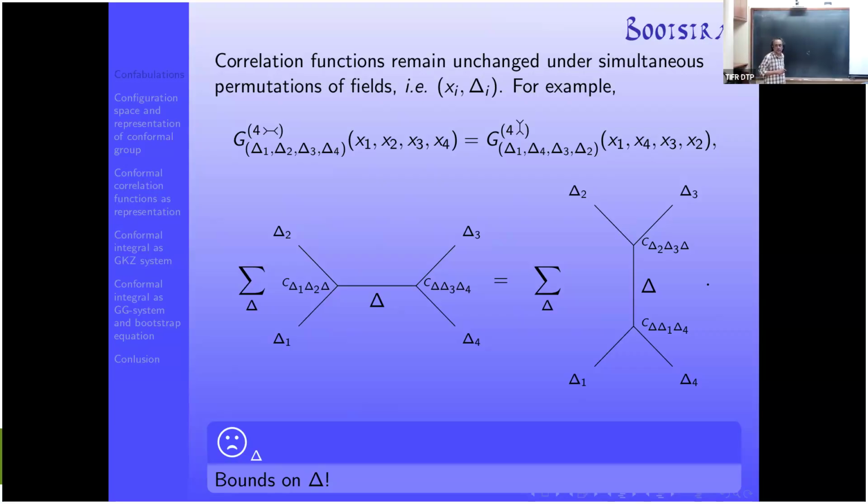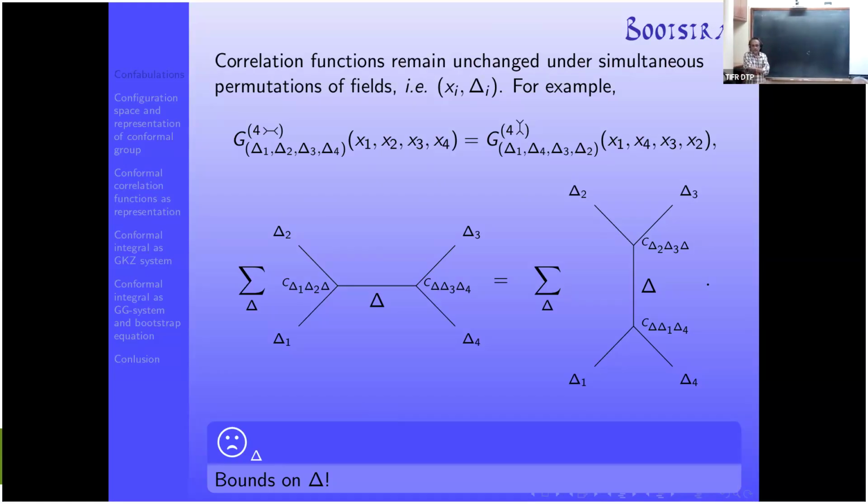That's the Bootstrap program. And then using that, you try to somehow constrain the C's and the deltas as much as you can. That's more or less the philosophy.